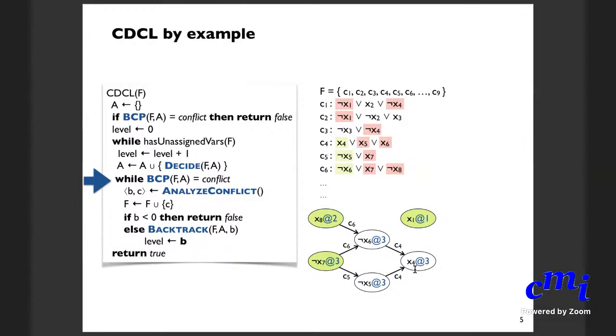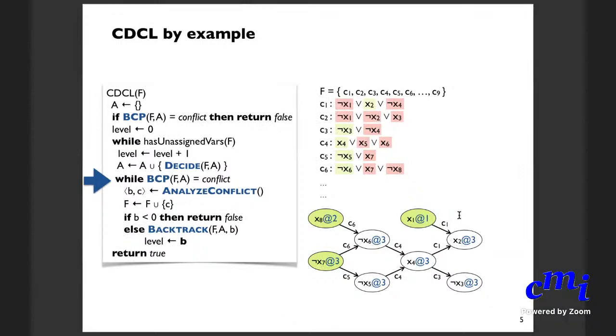Now X4 gets plugged into C1, and X1 has already been plugged into C1. There are two things that become unit as a result of the decision on X4: C3 becomes unit, and so does C1.